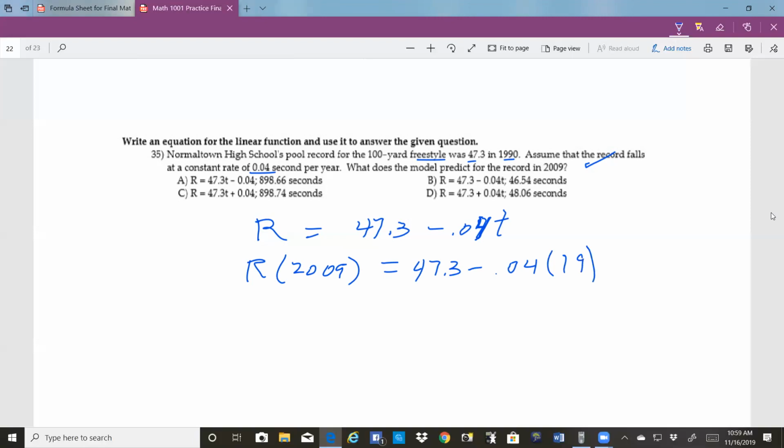So T is 19. And that is equal to 46.54. So the answer is B. There's the equation, and then there is what the record will be in 2009. And that is the practice final.